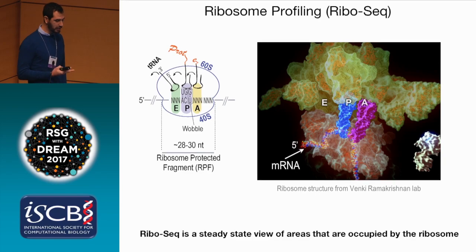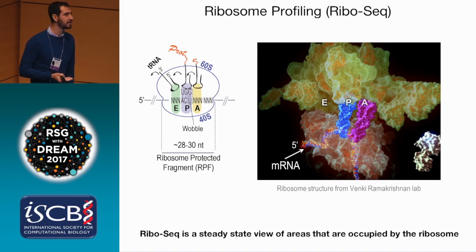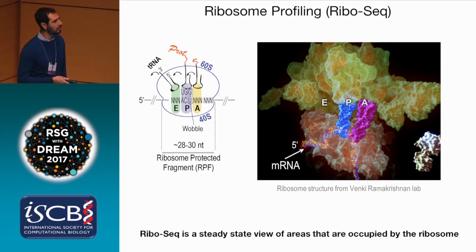Now, we wanted to see what is the relationship, and if the creation of these native mRNA ends has anything to do with translation. So for that, we use ribosome profiling data, which is basically a steady-state view of where the ribosome sits on the mRNAs and where it spends most of the time.